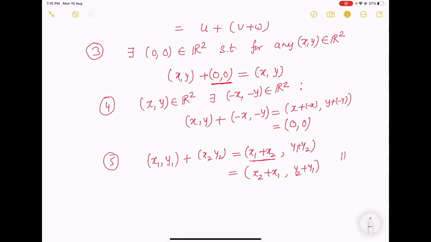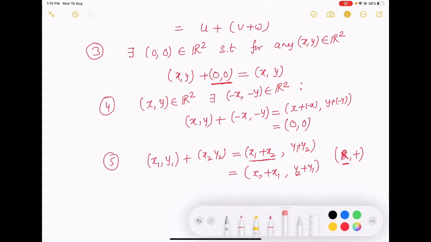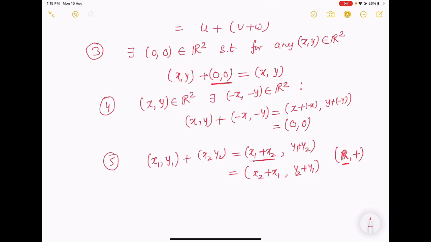Because R with respect to plus forms a commutative group with respect to addition, that is, the commutative property holds in R. Here we discuss the commutative property in R square, and here we make use of the commutative property of R. This is equal to x2 y2 added to x1 y1.